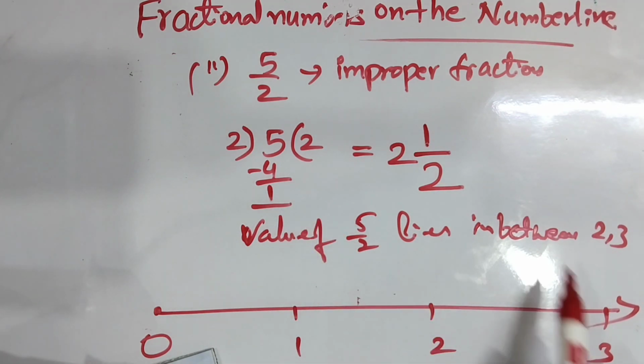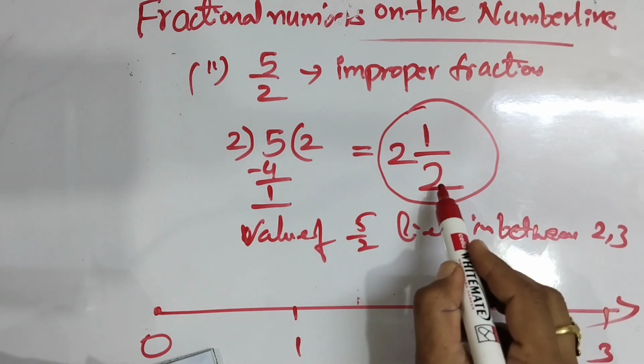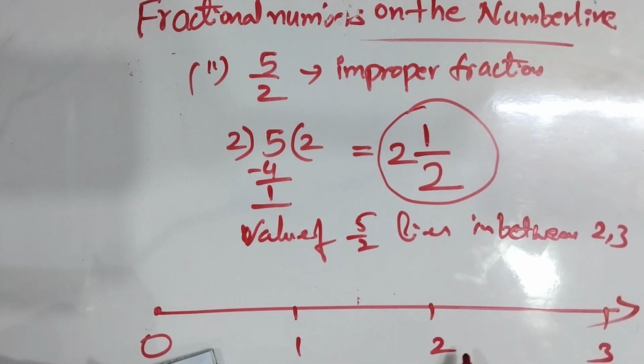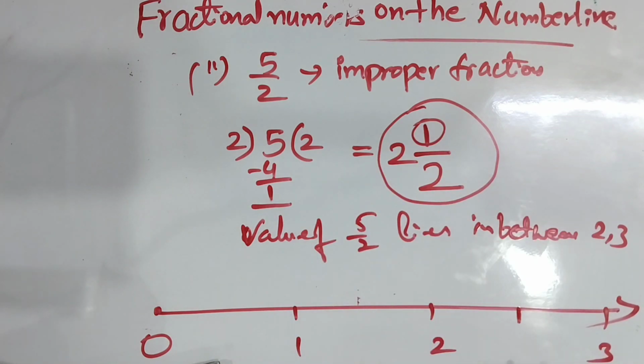If we observe the mixed fraction, what is the numerator? 1. What is the denominator? 2. So we have to divide the place between 2 and 3 into 2 parts. The numerator is 1, so it is 2 1 by 2. This is the showing of fractional numbers on the number line, okay.